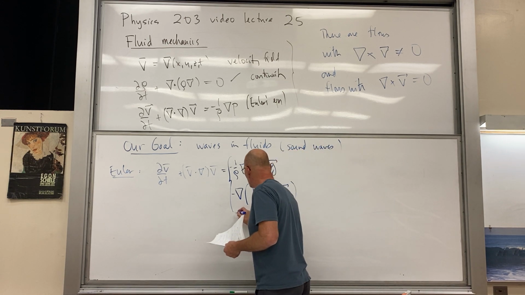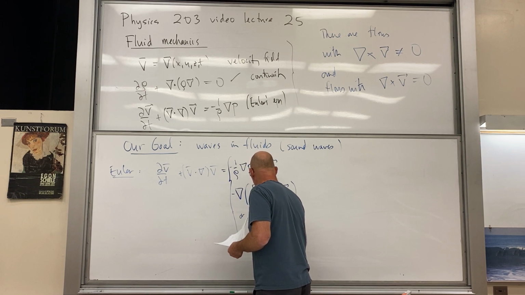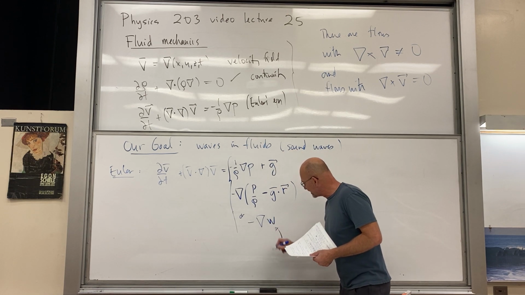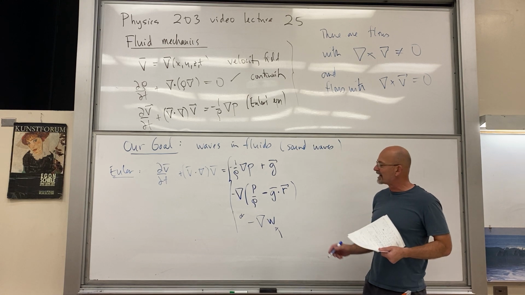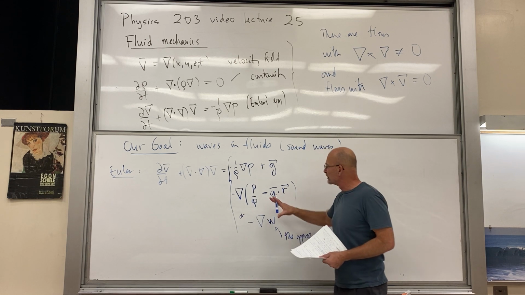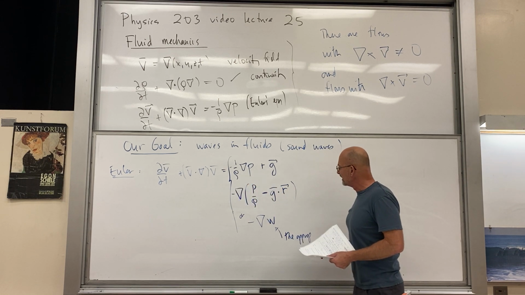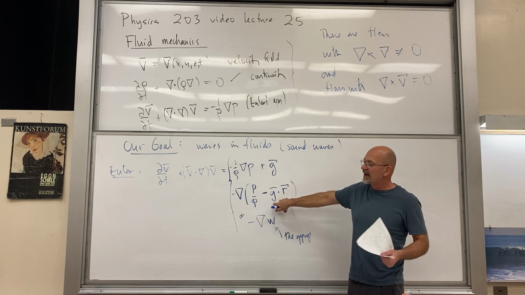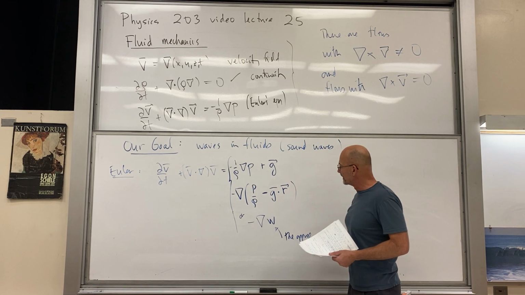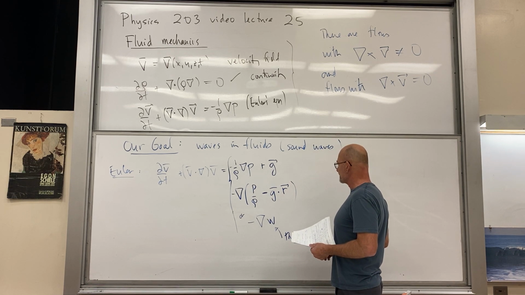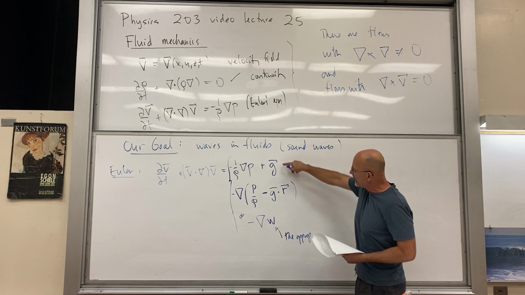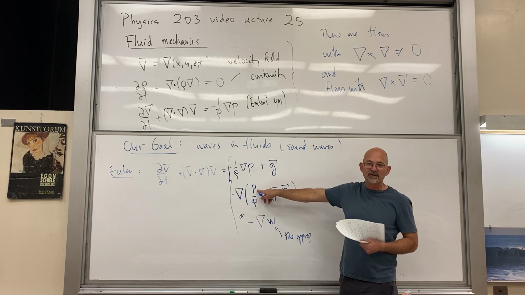Or, extending this, minus gradient of W, and here I'm just going to write, without proof, the appropriate thermodynamic potential. In other words, it's possible to bring everything inside the gradient, and this I kind of owed you from last time. You can incorporate this into the definition of the pressure if need be.